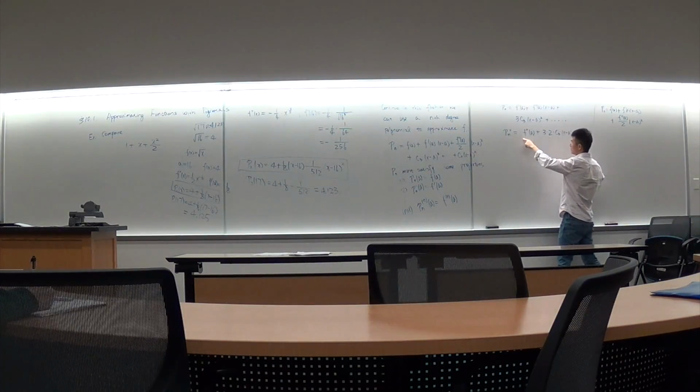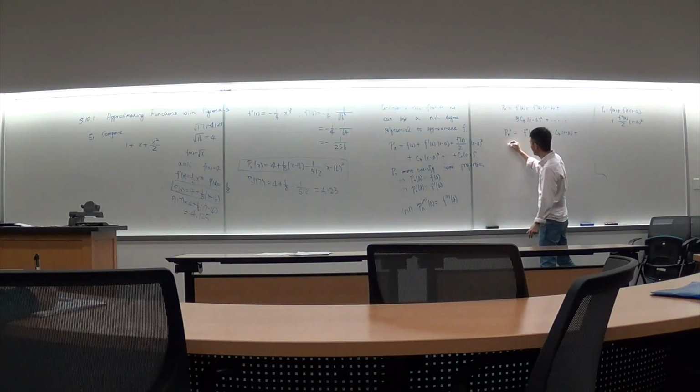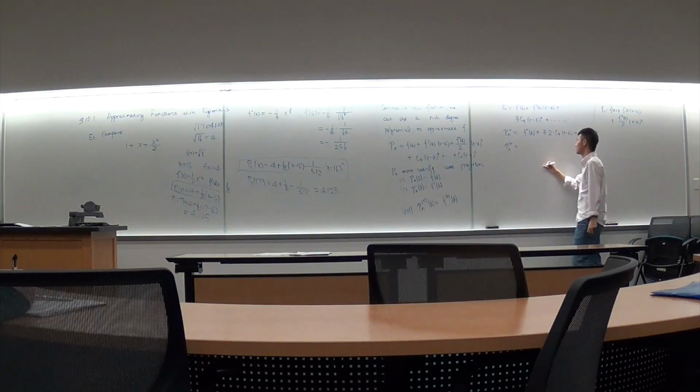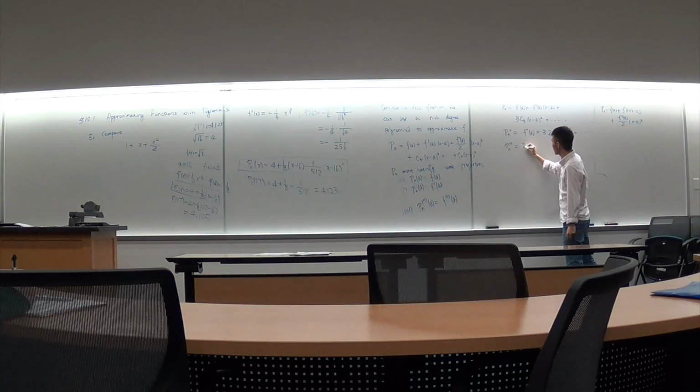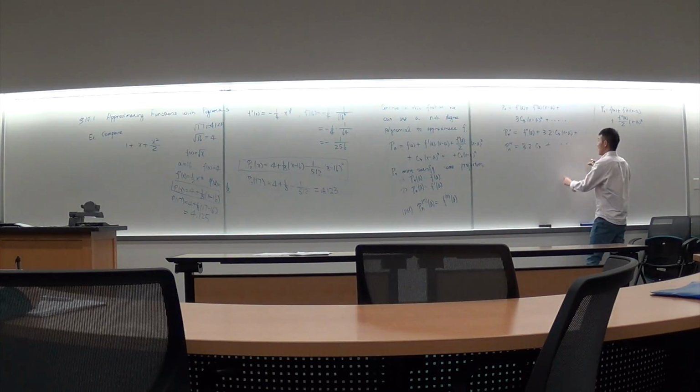That's the second derivative. Now, like I said before, in order to find C3, we have to take one more step, which is the third derivative of this P sub n. So if you look at this third derivative, what is that? That's 3 times 2 times C3, plus something. And keep in mind, each one of these other terms has a factor of x minus a.